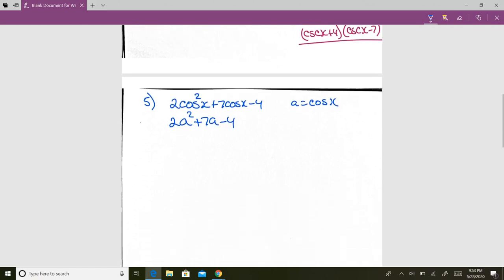Now this is a different type of factoring, where you multiply the first and the last. So I go 2 times negative 4 is negative 8. And then I go, okay, what multiplies to negative 8 and adds to 7. So that would be 8 and negative 1.